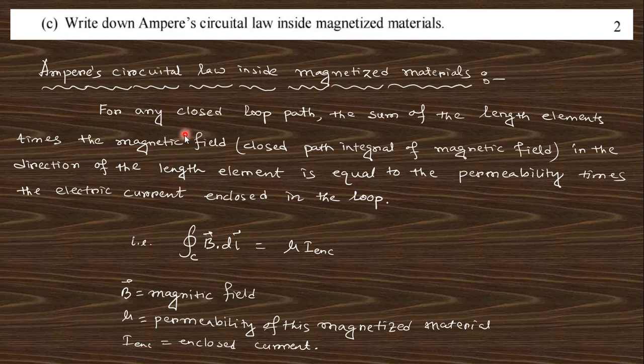So this says that for any closed loop path, the closed path integral of the magnetic field along the length element equals the permeability times the electric current enclosed in this loop. So this current is I enclosed, and this is your loop.